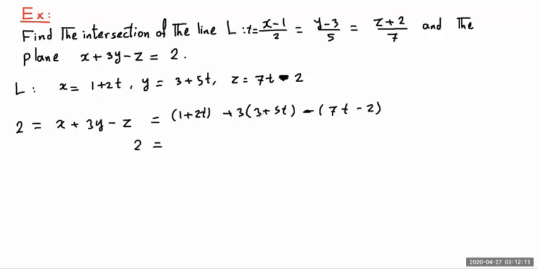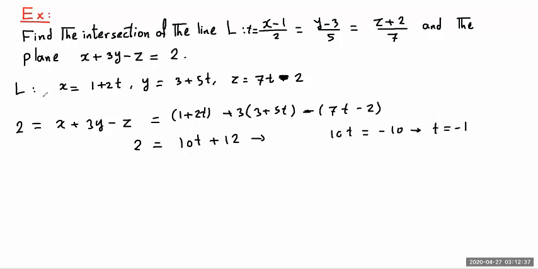So I have here 2t plus 2t plus 15t minus 7t, so 10t. Then I have 1 plus 9, 10, 10 plus 2, 12. So we can write 10t equal minus 10, so t equal minus 1.